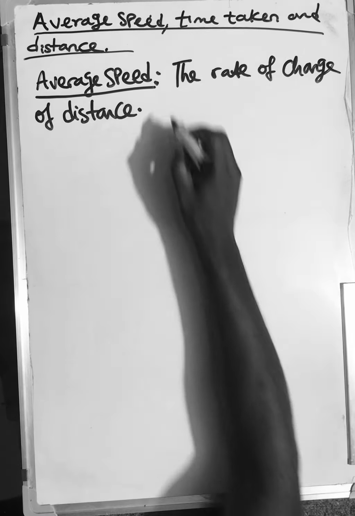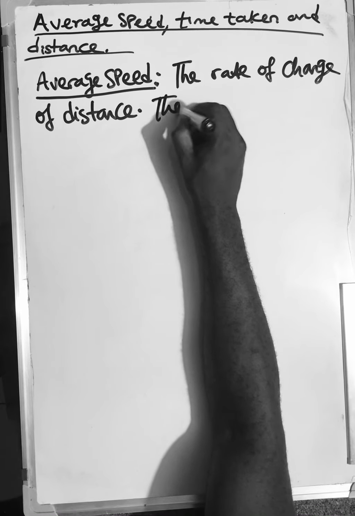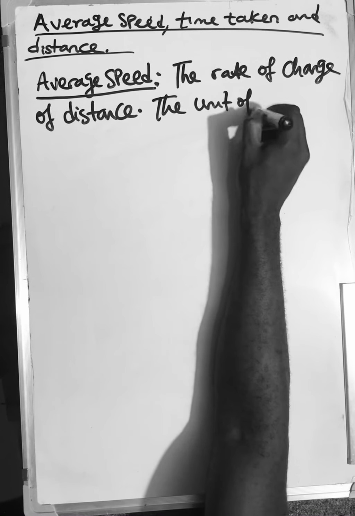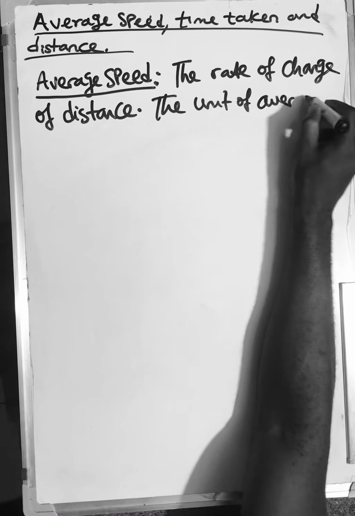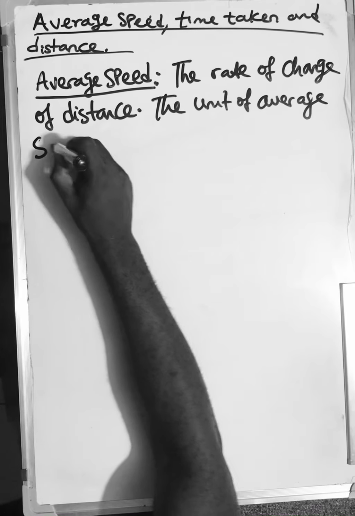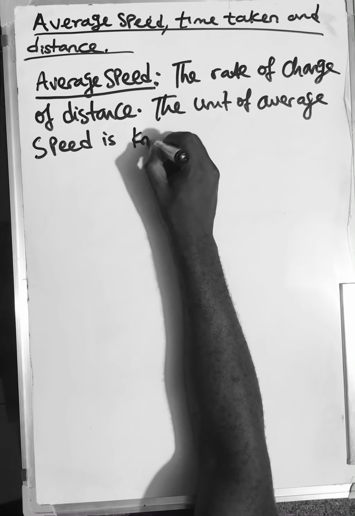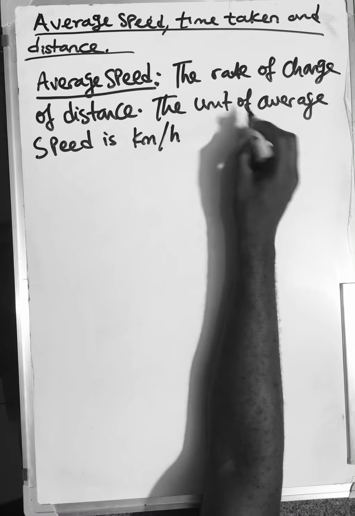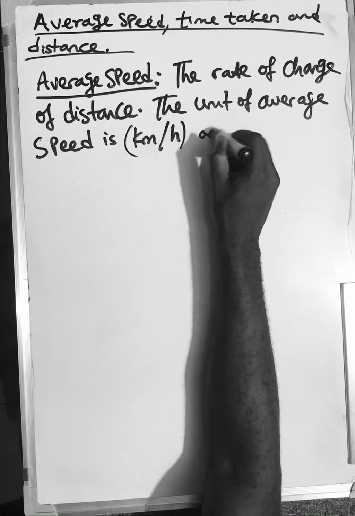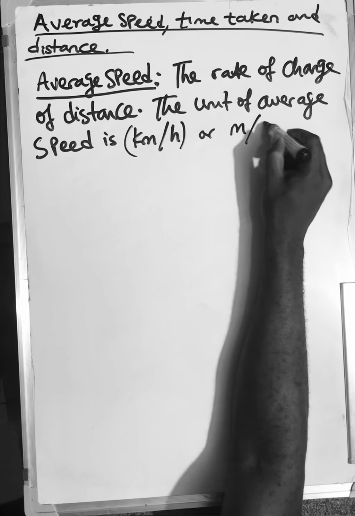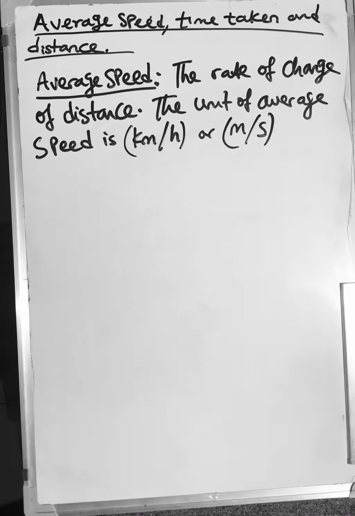Now, the unit of average speed is kilometers per hour or meters per second. So that's the unit of average speed.